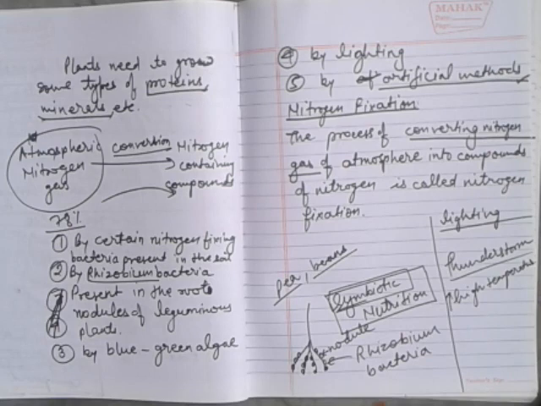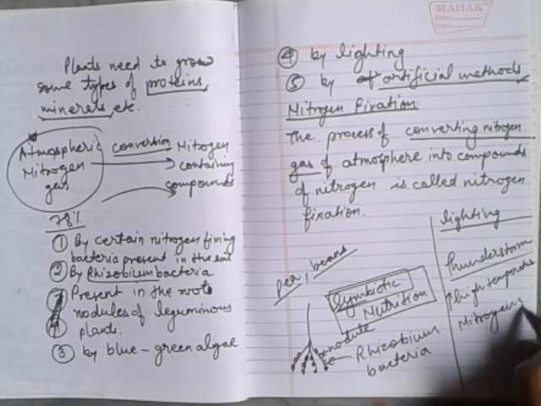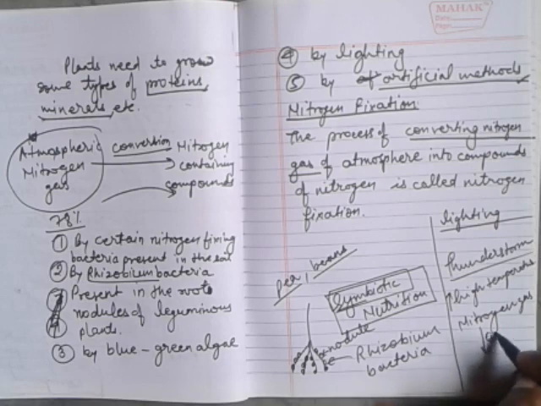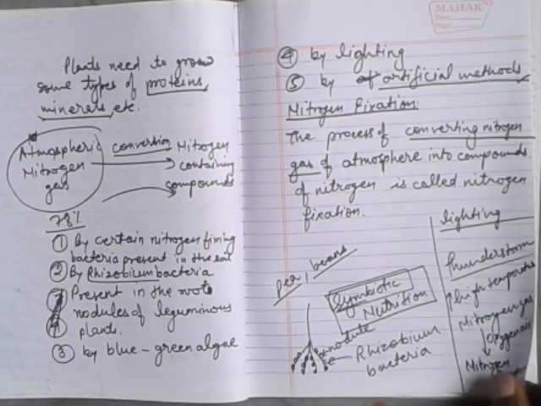the atmospheric nitrogen combines with the oxygen. This atmospheric nitrogen gas is combined with the oxygen gas, because oxygen is also present in the atmosphere. It combines with the oxygen gas and forms nitrogen compound. How can we understand this?